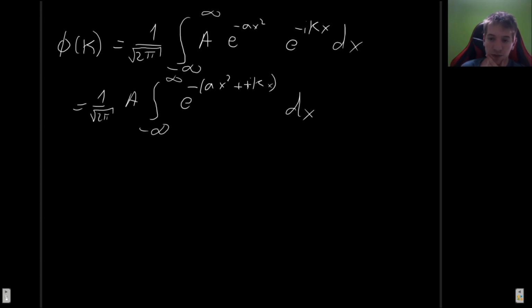Okay, so now we need to get this integral solved somehow. How do we do that? The easiest way, at least for me, is to try to turn this into something of the form e to the minus something squared, because this is going to be just a Gaussian integral, and we know what that is.